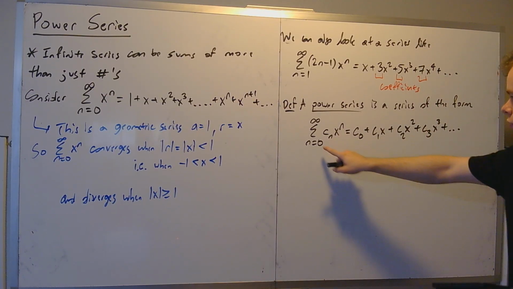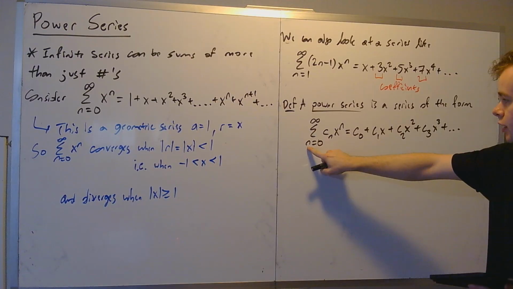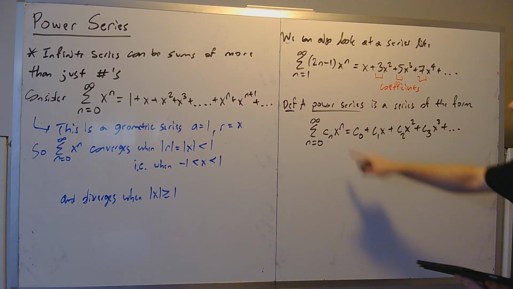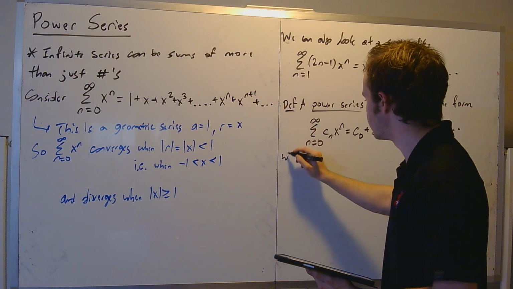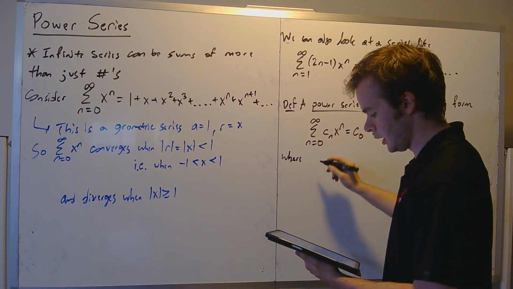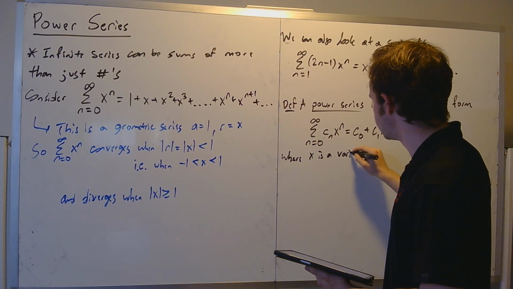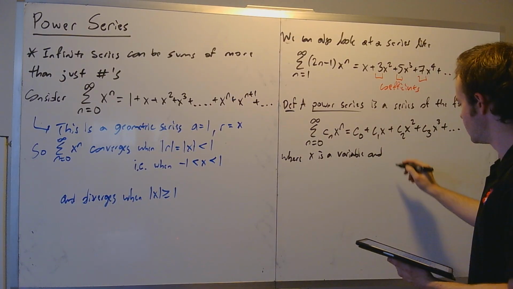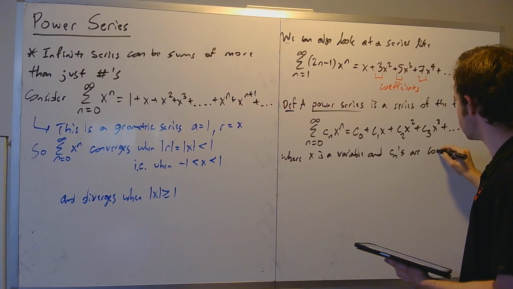Right, and sometimes this first term is n equals 0, sometimes it's n equals 1. It doesn't matter, either way, we're still going to call it a power series. And here I'll say where x is a variable and the Cn's are coefficients.